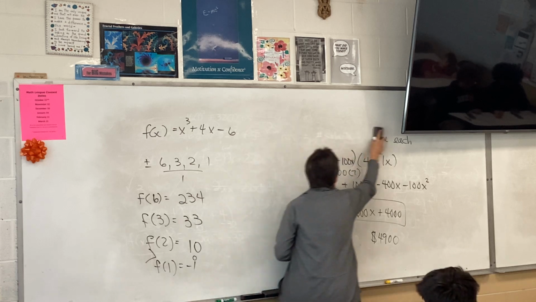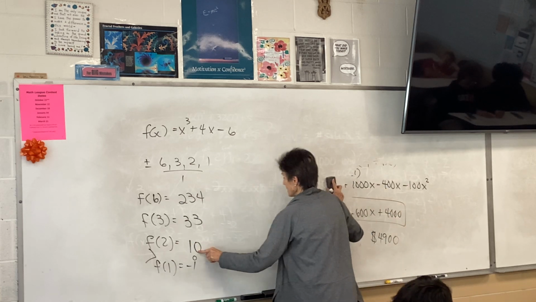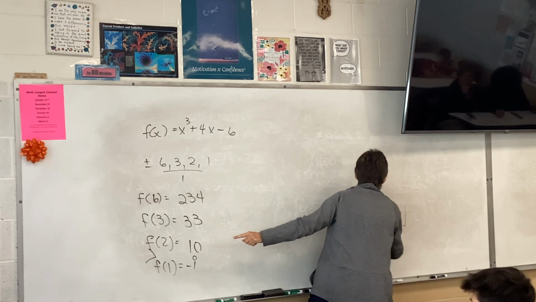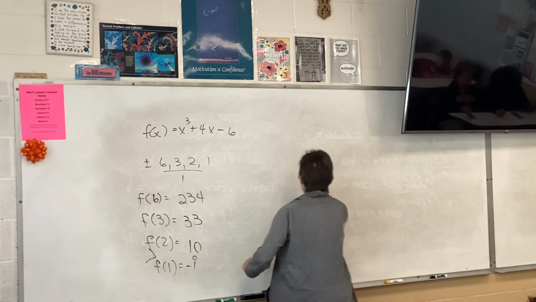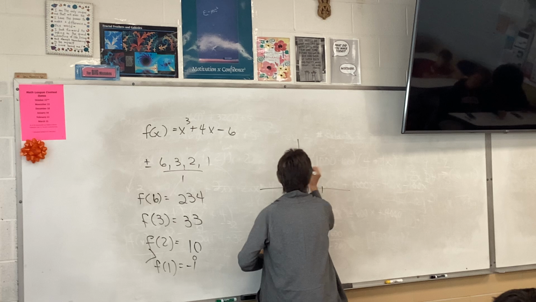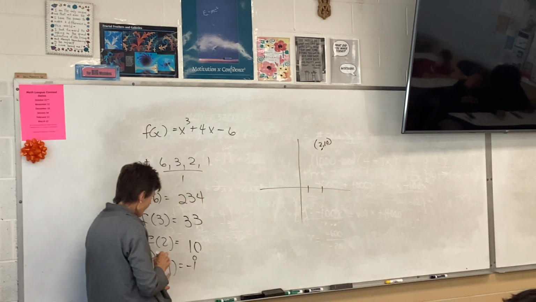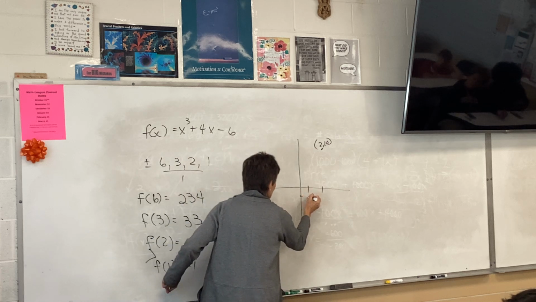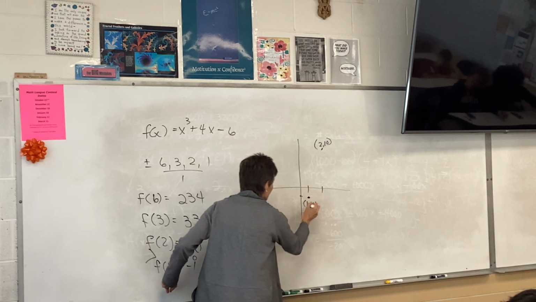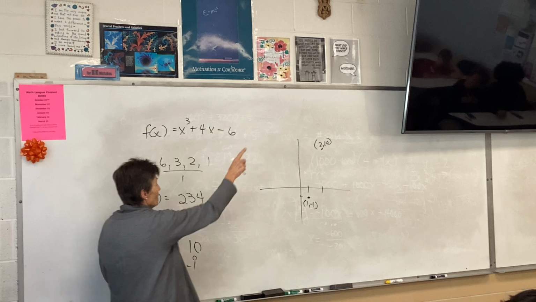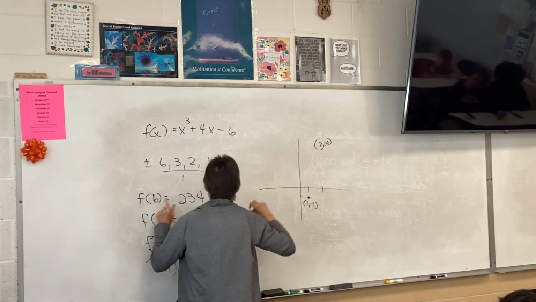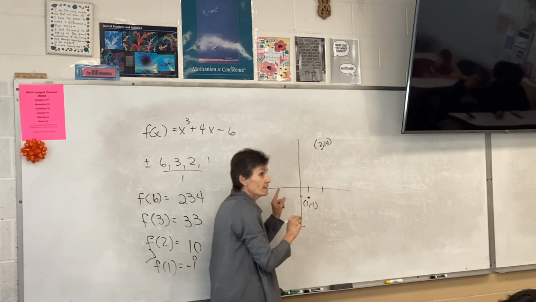Graphically, this is a point. This says if x is 2, y is 10. This says if x is 1, y is -1. And then of course we have these two, 3, 33 and 6, 234, right?